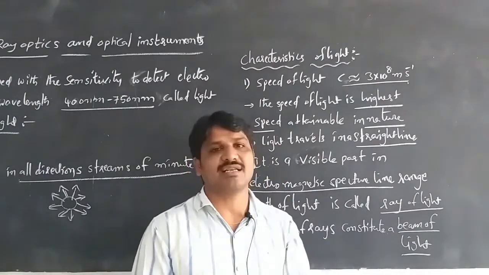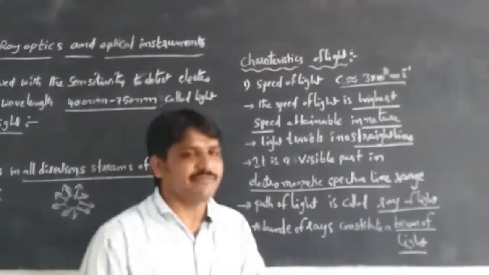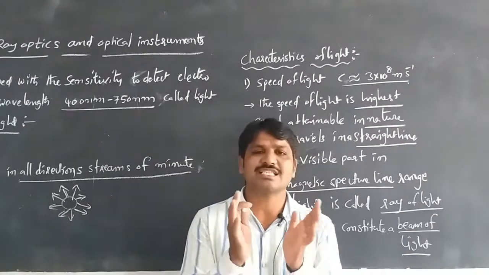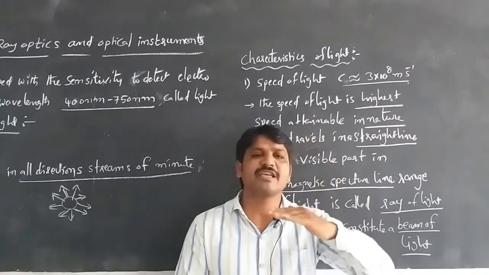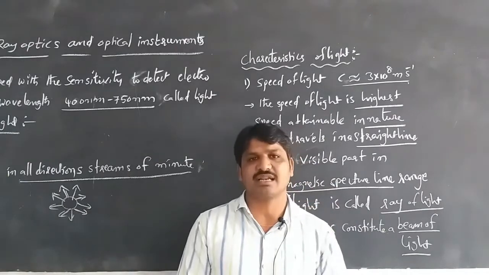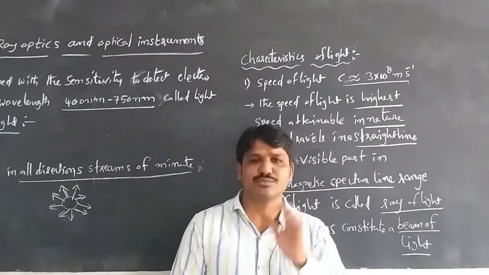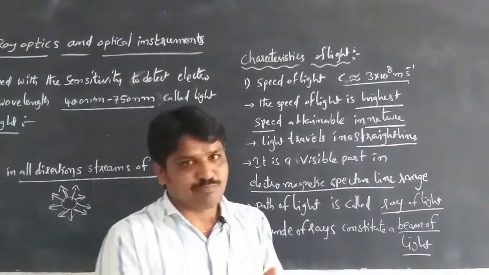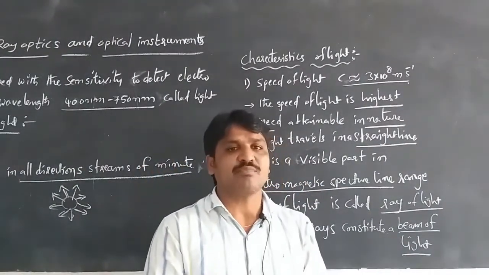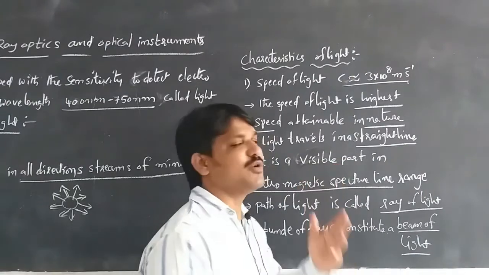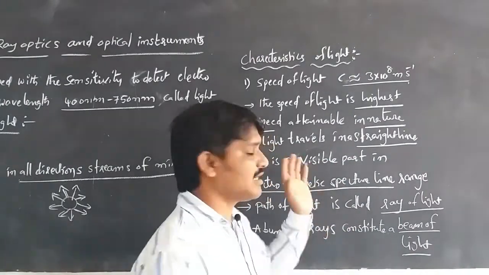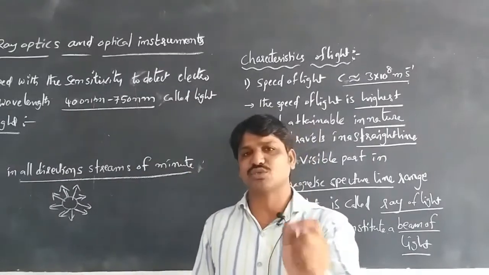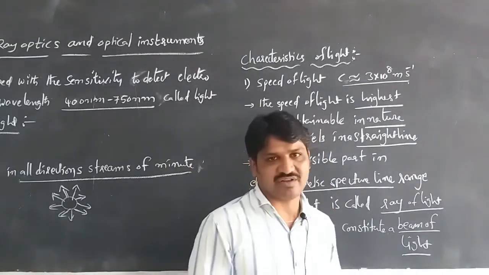It is the visible part of the electromagnetic spectrum, which has frequency and wavelength ranges covering ultraviolet rays, visible rays and so on. Visible light has a wavelength range of 400 nanometers to 750 nanometers.